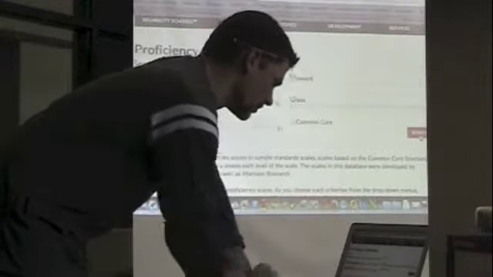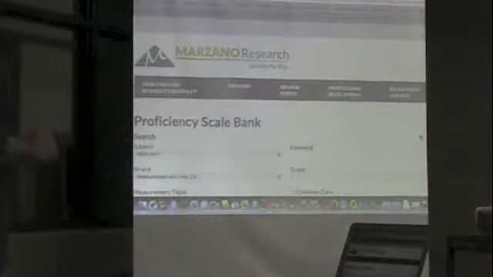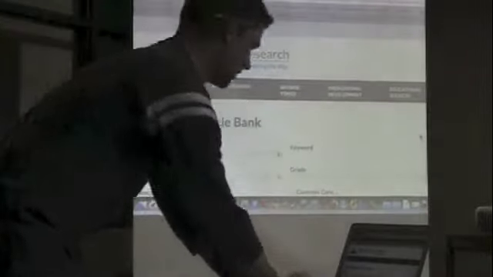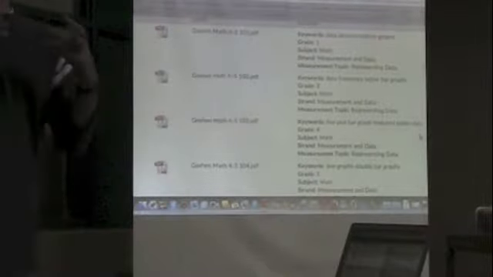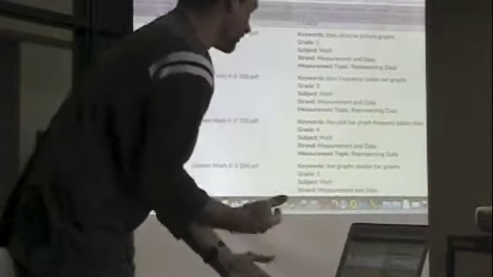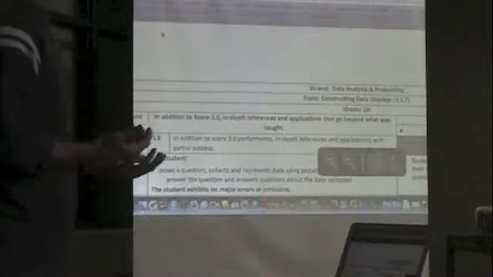Okay, if I hit search, it'll show me some of the ones in their bank, different grade levels that would match up with that standard. So if I click on one of these, I'll be able to see a sample proficiency scale.